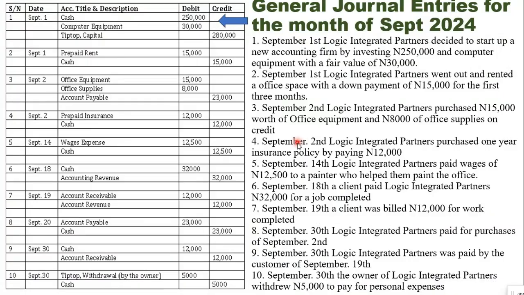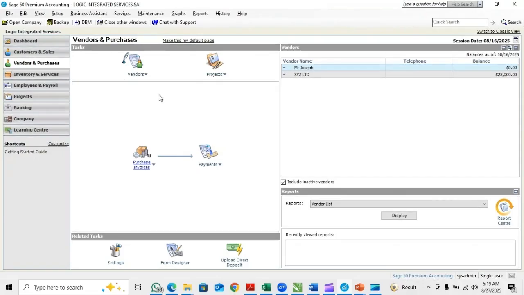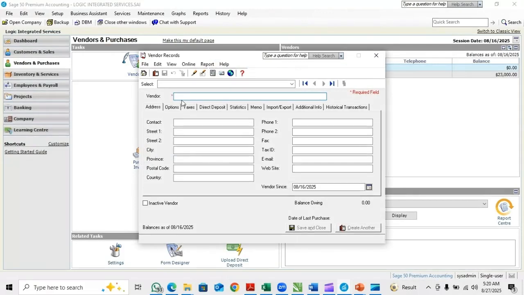So the next one is prepaid insurance. Number 4, Logic purchased a 1 year insurance policy by paying 12,000 naira. Since this is a purchase, we also create another vendor for that insurance purchase.